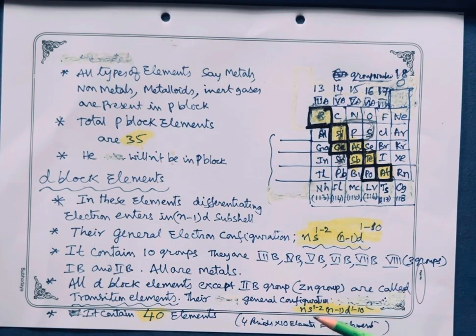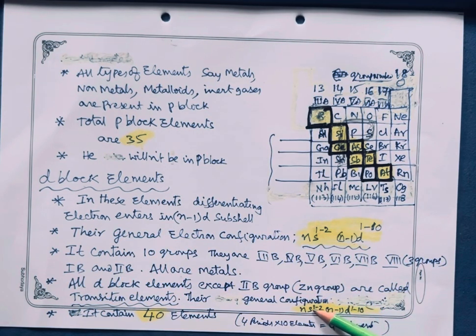Their general electron configuration is ns 1 to 2, n-1 d 1 to 9. Why not 10? Because in the copper group, the group previous to the zinc group, the first B group, the actual configuration should be 4s2 3d9, but in actual case it is 4s1 3d10. So although it is 9, it becomes 10.